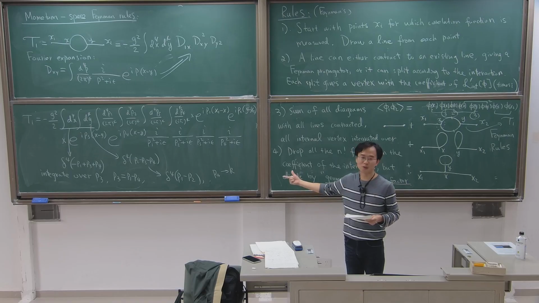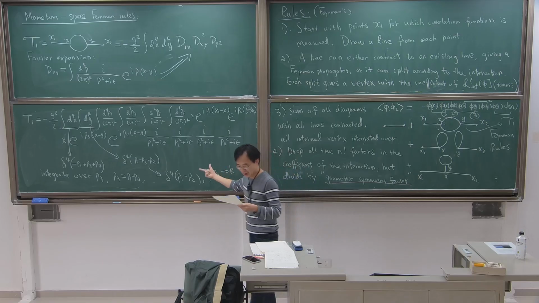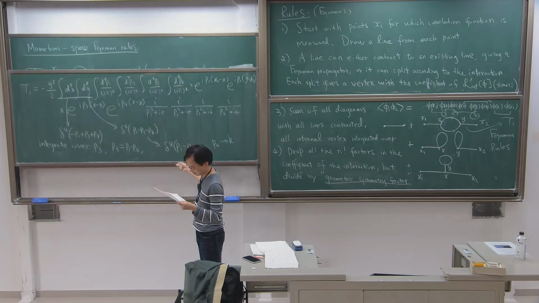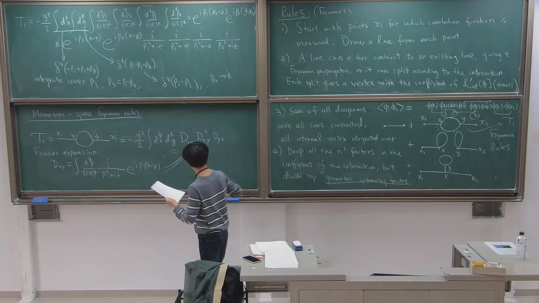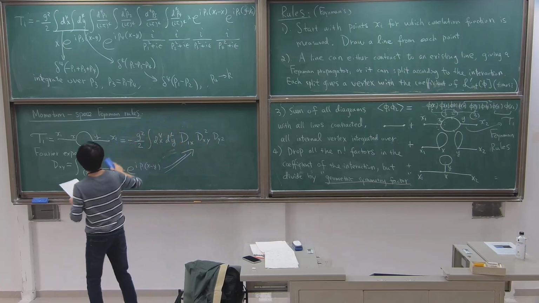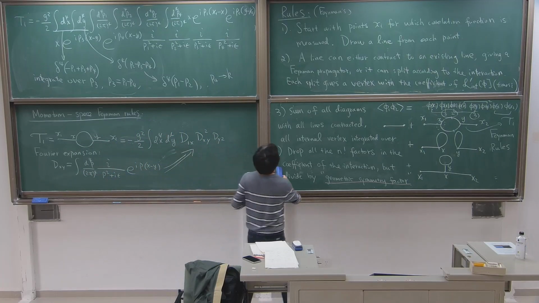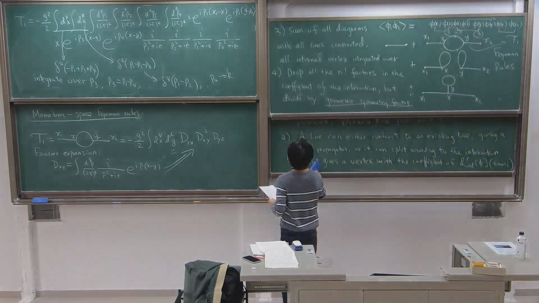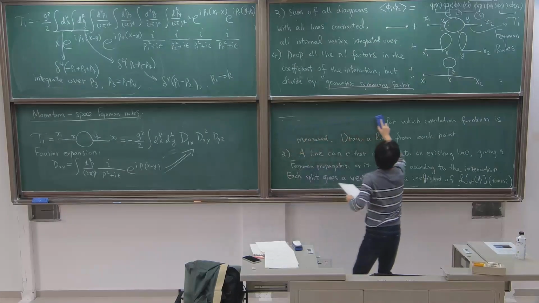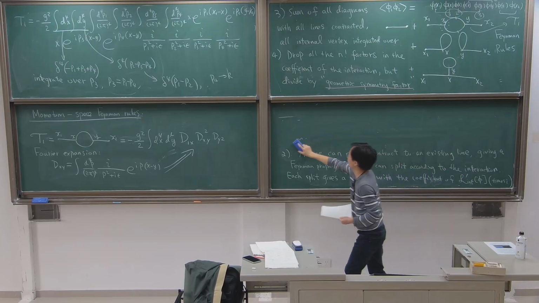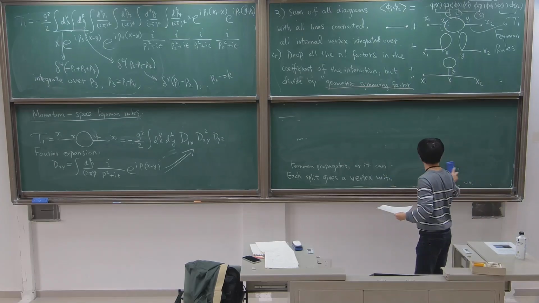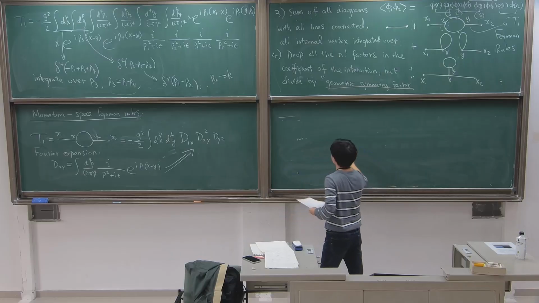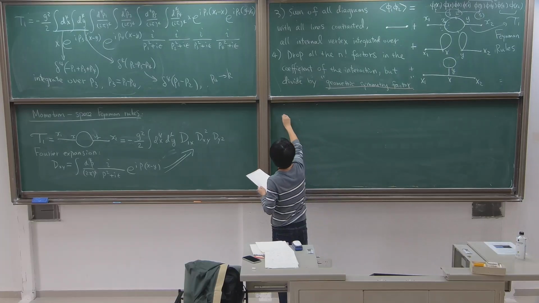I describe these steps in words, but it's a very simple exercise, right? I don't want to write long formulas. But after you perform all these steps, you can get another slightly simpler result, which is T1.